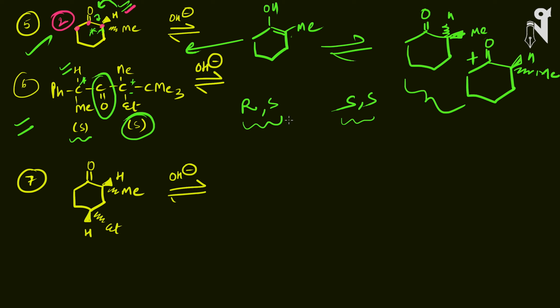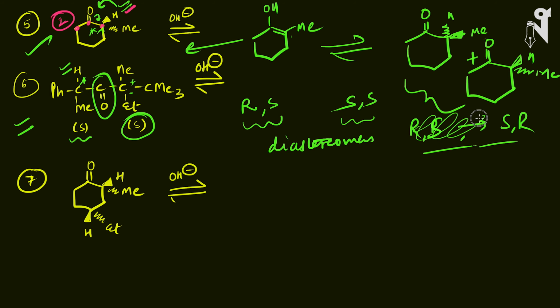These are diastereomers. For completely opposite configuration, it had to be RS and the other should have been SR. Then it would be optically inactive. But this is optically active compound. Hence, if this is the product forming, this and this, then the diastereomers are present. And if the diastereomers are present, it will be optically active.